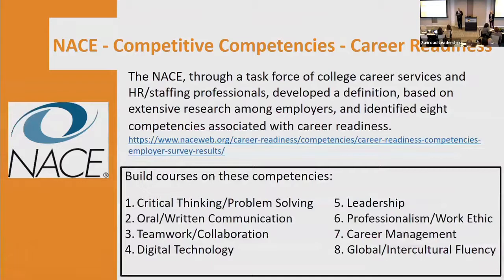So some of the competencies that we put in front of ourselves when we started building courses was, okay, every one of these courses needs to consider these 8 important things. Do our courses provide critical thinking and problem-solving skills? How are students assessed on oral communication or written communication? Important in today's corporate environment is the ability to teamwork and collaborate with others.